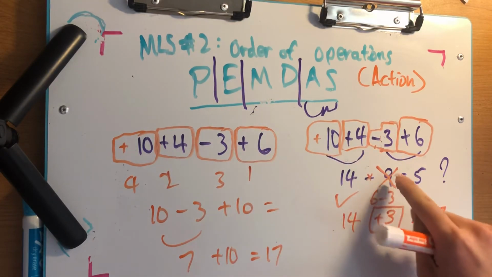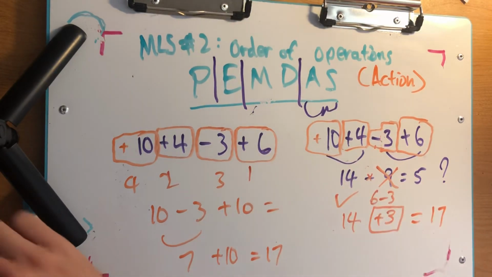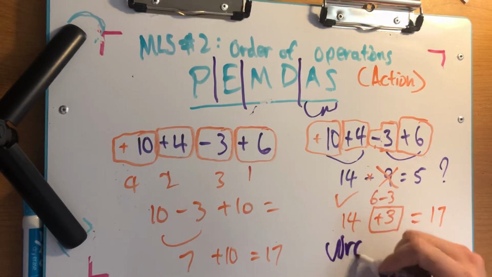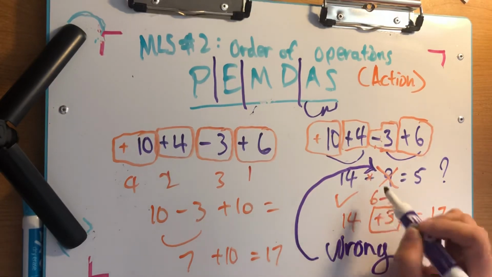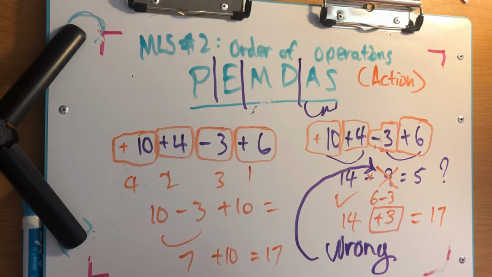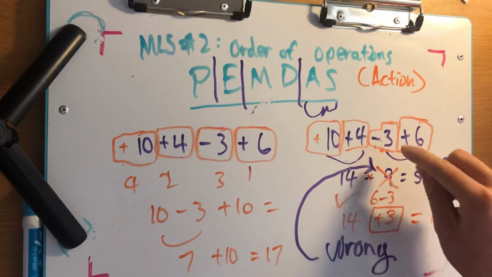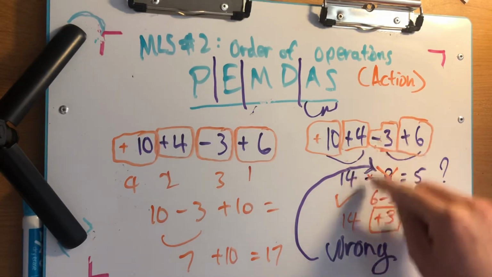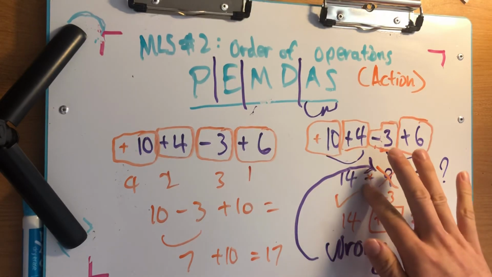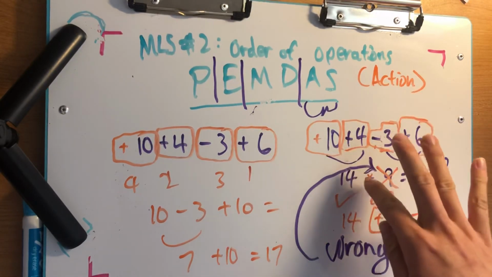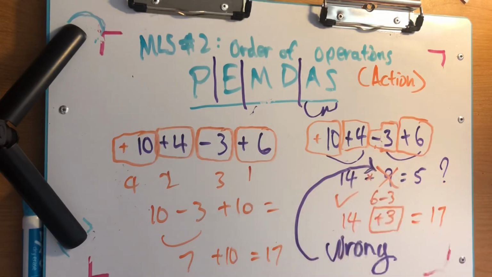Because what happened before in this incorrect example, I'll write this as wrong, is that we just threw that action wherever we wanted it to be just because we wanted it to. We ignored it and then just placed it right there because it happened to be lined up. No, these actions have to always be attached to something that's happening. And that's a super important concept that needs to be covered and understood by students.